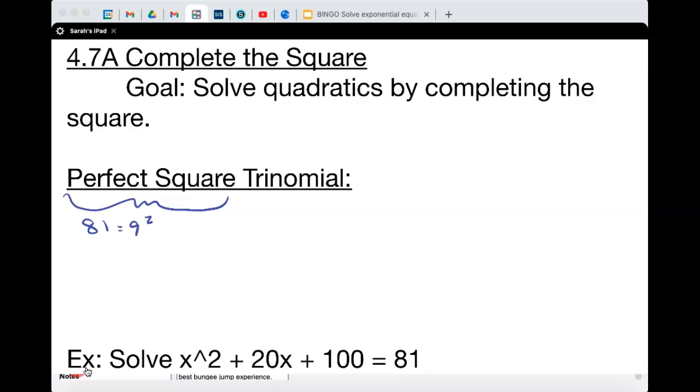What's another example? 16, because it's 4 squared. So we should be able to recognize all these perfect square numbers. What does trinomial mean? 3 terms.